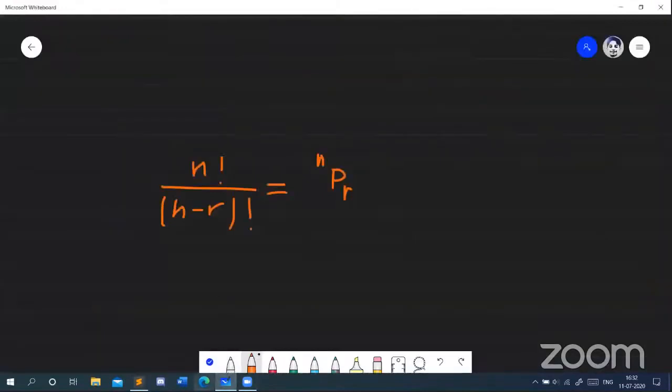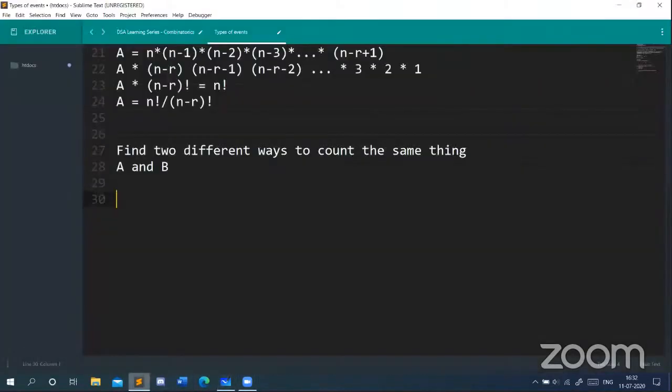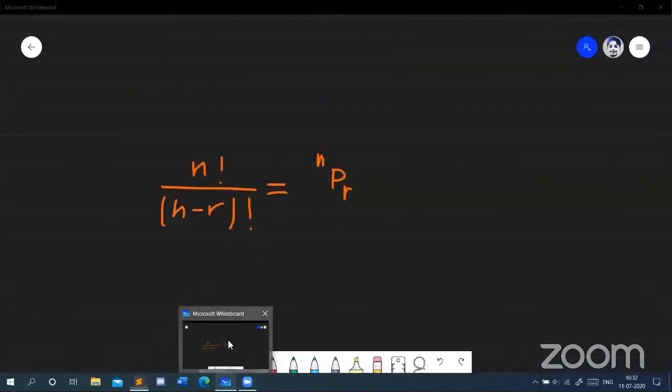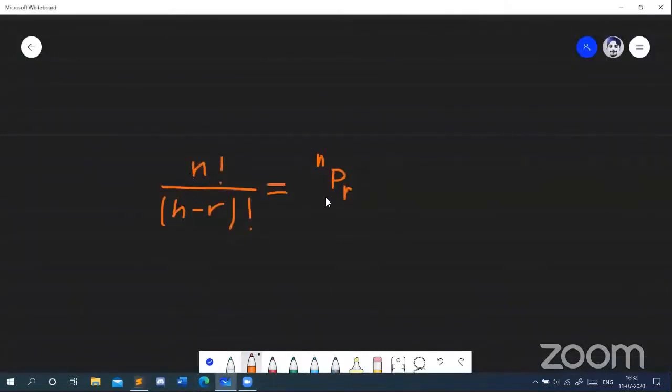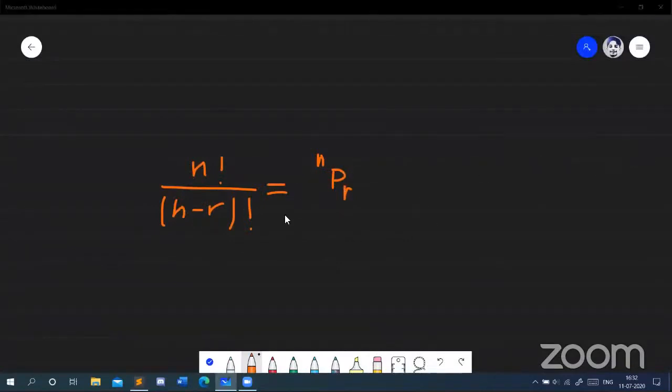So I was going to talk about n choose R. That is to say, the number of ways to choose R things from n things. And what we said here was that NPR is arranging R things from n things in a line. How can I find the number of ways to choose R things if I know this already?